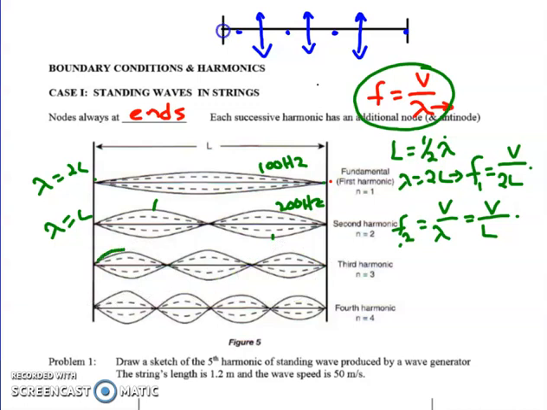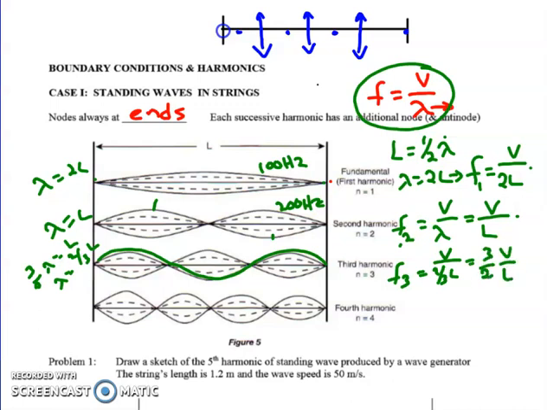So if I start here, I've got half, 1, 1.5 wavelengths. So I'd say 3 halves of lambda is equal to L, therefore lambda is 2/3 L. So if I go over to my equation, F3 is V over 2/3 L, which is 3 halves V over L, which is 3 times this value.